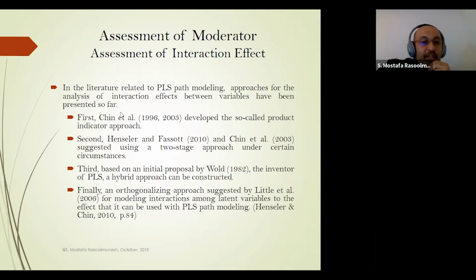I only refer very briefly to the first 2 methods, but you don't need to do this manually or understand exactly the concept. You can choose one of these methods and do it by software. The most important thing is that you create and add the interaction effect in your framework, in your model.